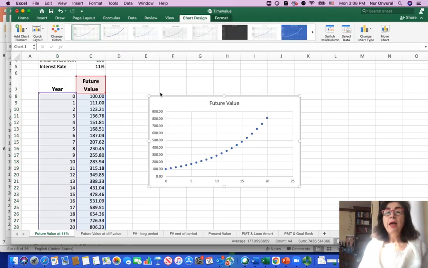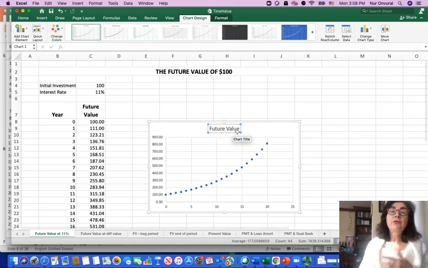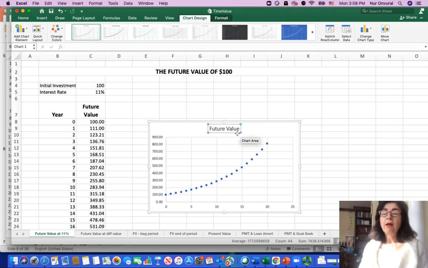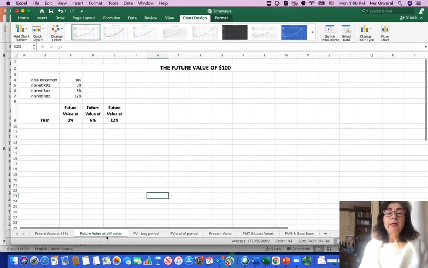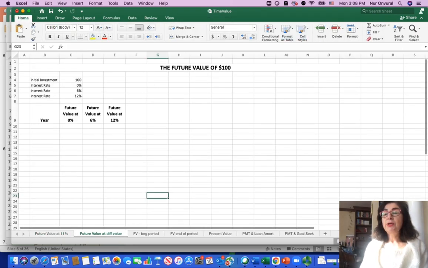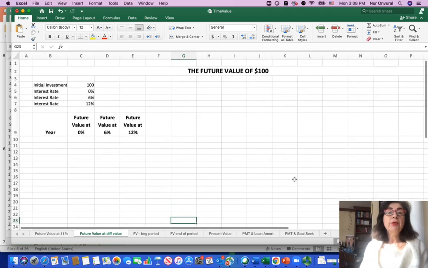And here I have my scatter plot, labeled as future value, but I can change that to, say, the future value of $100 at 11%, or you can change the title to whatever you prefer. The next one in this Excel spreadsheet is, let me make this larger.